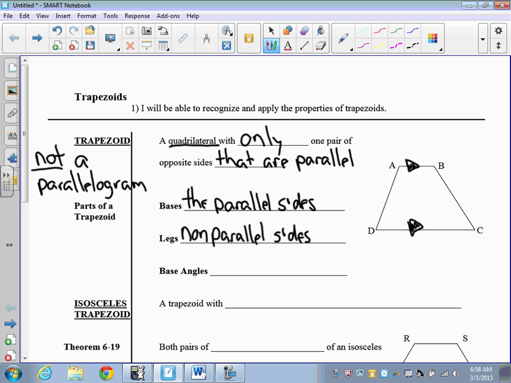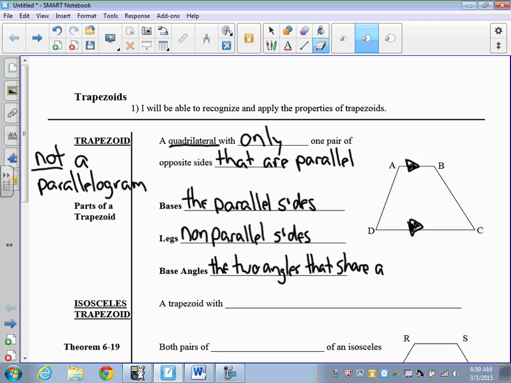And the base angles are the two angles that share a base of a trapezoid. So I'm going to abbreviate that TRAP.